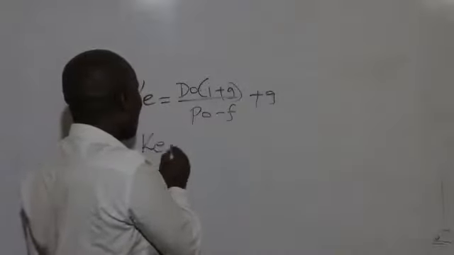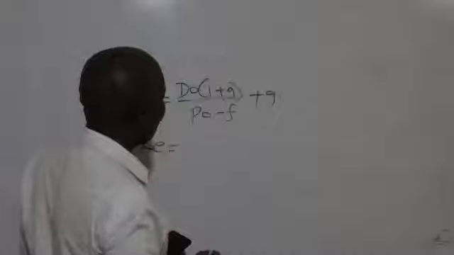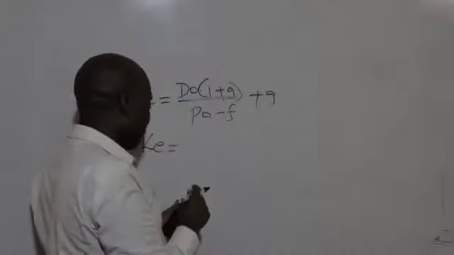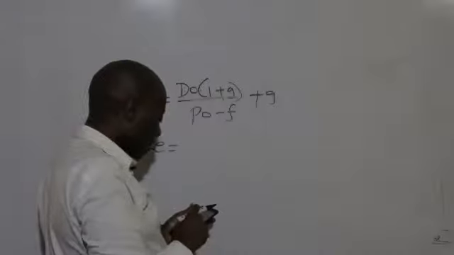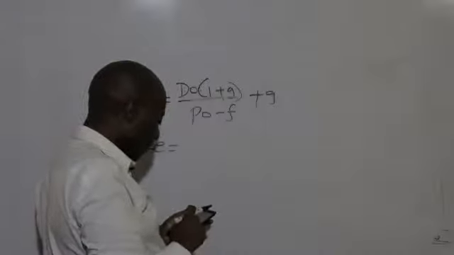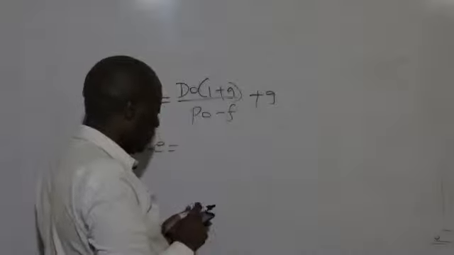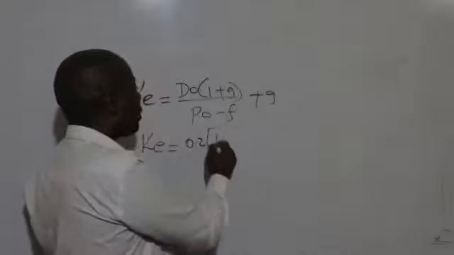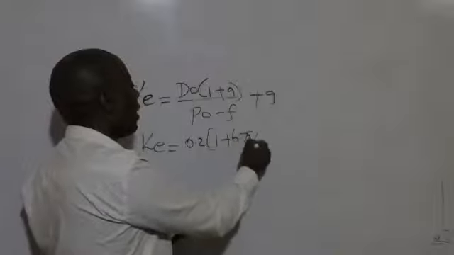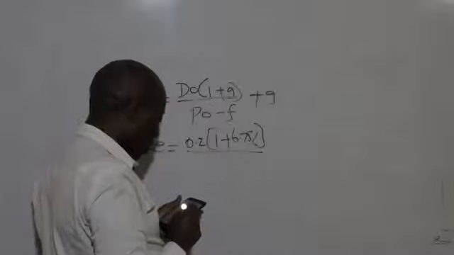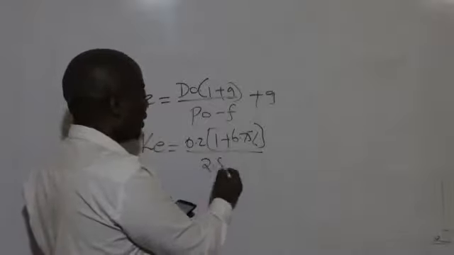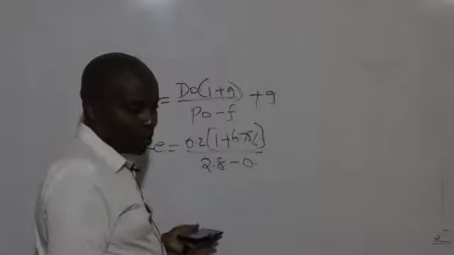So we have our cost of equity being equal to D0, the D0 that has been given. The market value is 2.8, dividend is 0.2. So 0.2 into 1 plus 6.75%, all over P0, which is 2.8. There's nothing like flotation in this question.